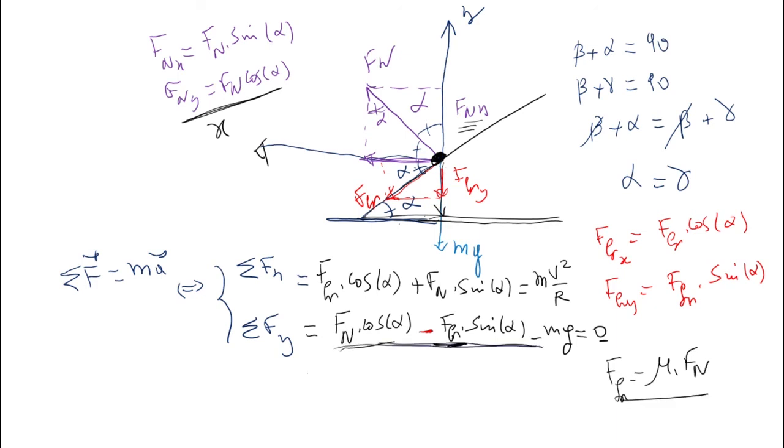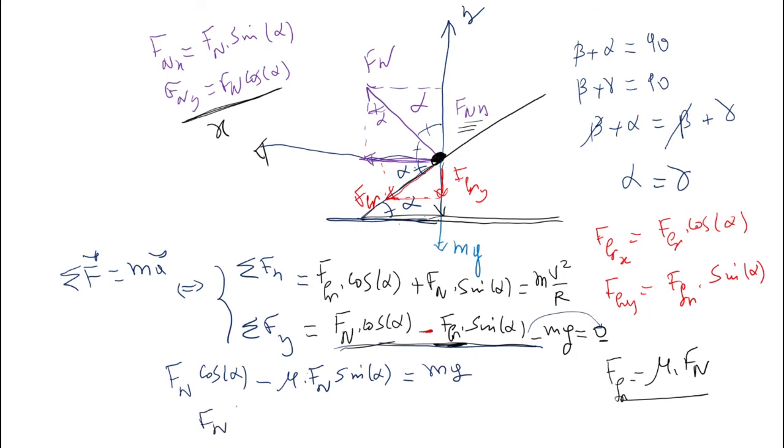We put this into the equation: normal force cosine of alpha minus the coefficient of friction times normal force times sine of alpha equals, moving minus mg to the other side, mg.